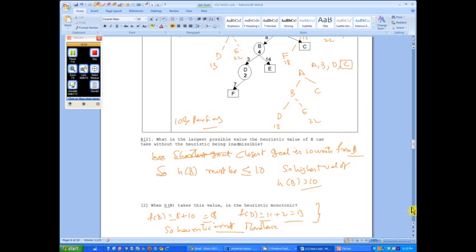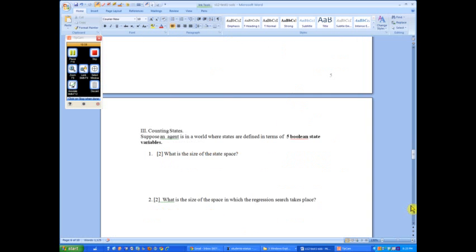Okay, so with that, now for the counting of the states: what is the size of the state space? If you have 5 Boolean state variables, of course 2 power 5. Basically each variable in a state can either be true or false, so 2 times 2 times 2 times 2 times 2 equals 2 power 5.